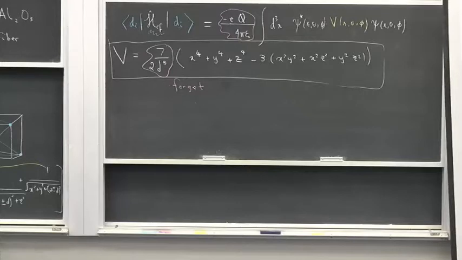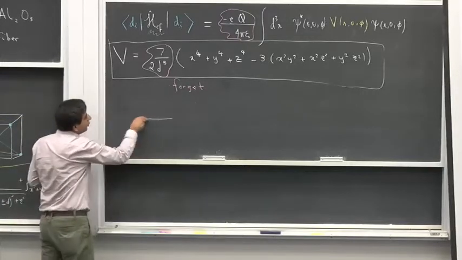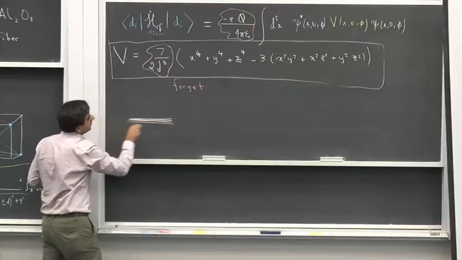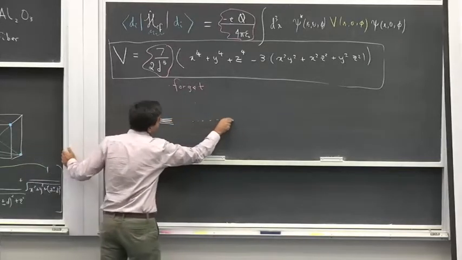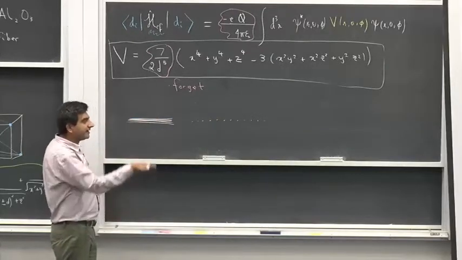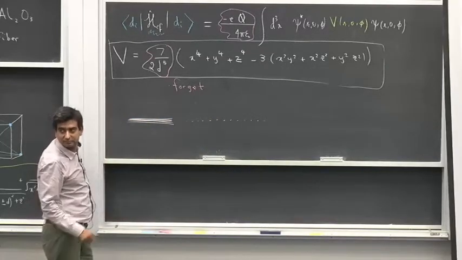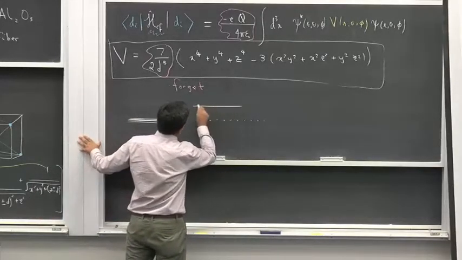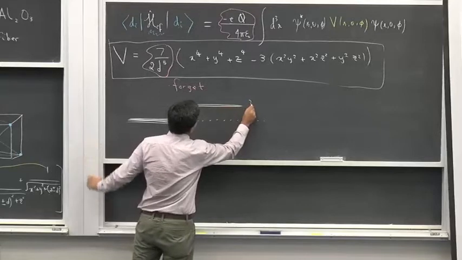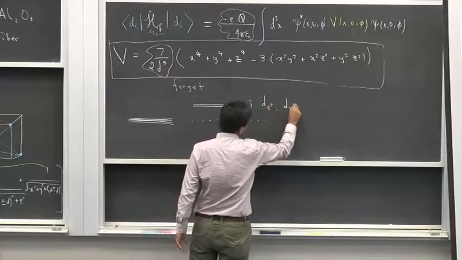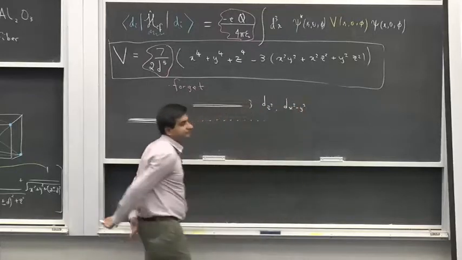So initially, the atomic orbitals for a d1 electron, all 5 states were degenerate. Now d1 and d2 are raised in energy, which means that these states are dz square and dx square minus y square.